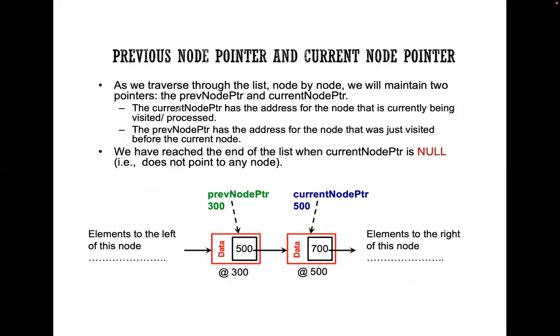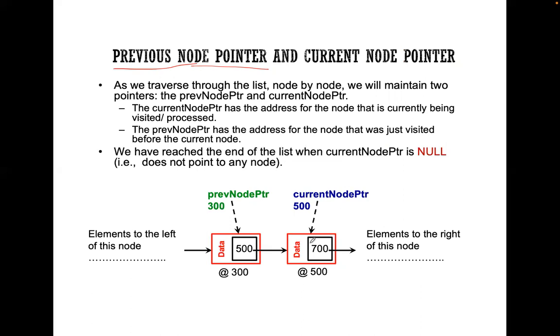As we traverse the list node by node, we maintain the previous node pointer and the current node pointer. The current node pointer will have the address of the node that is currently being visited, and the previous node pointer will have the address of the node that was just visited before the current node.